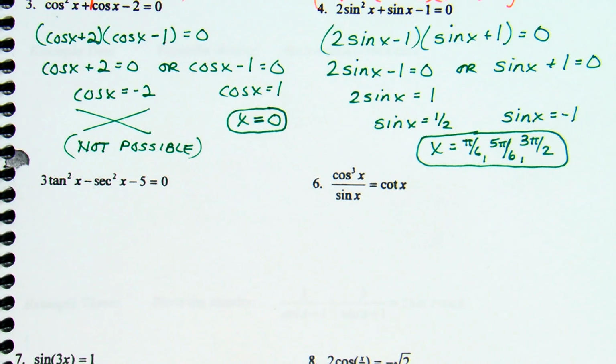Those identities are still options. We're still using those. And we do want to make this so that we are all in the same trig function. However, I'm not going to recommend going the sine cosine route on this one. I think that would just get ugly.